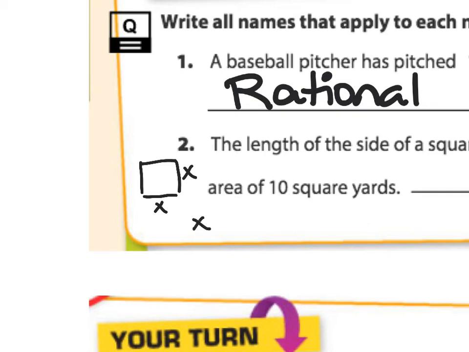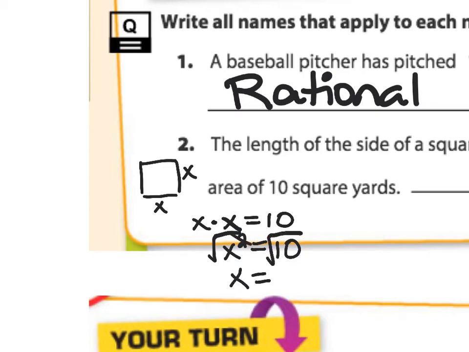So you'd have x times x equals 10. You may not have seen an equation like this in 7th grade, but x times x gives you x squared equals 10. So you can say to yourself, what times what is going to give me 10? Or you can take the square root of both sides. We'll learn this officially later in the year. And you say, oh, what is the square root of 10?